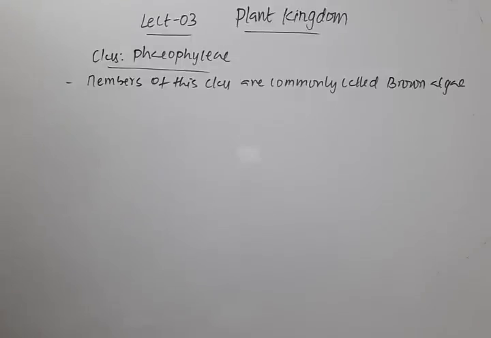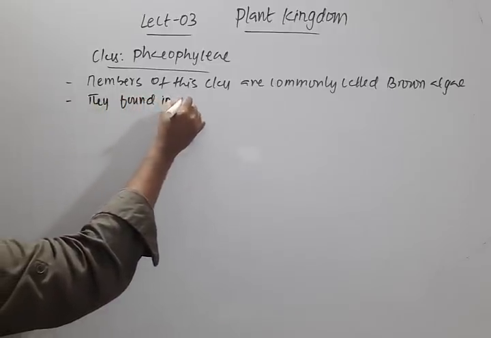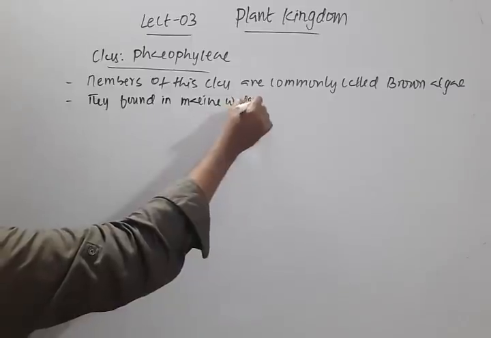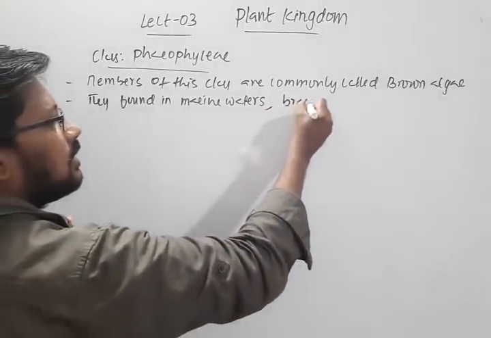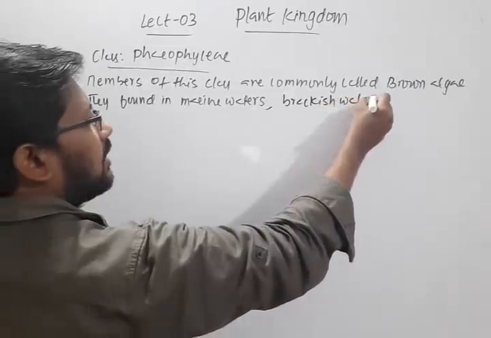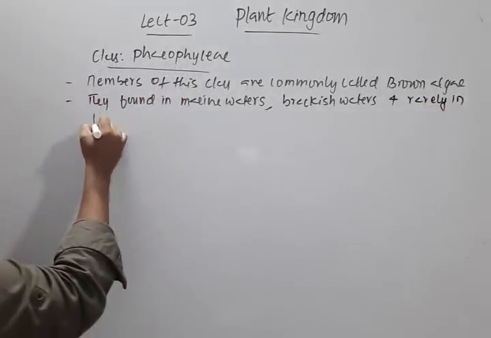It is due to the presence of certain pigments, which we have already seen in the case of Chlorophyceae. The brown algae are found in marine waters, that is seas and oceans, and also in brackish waters, and rarely in fresh waters.